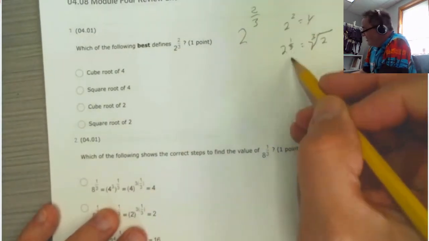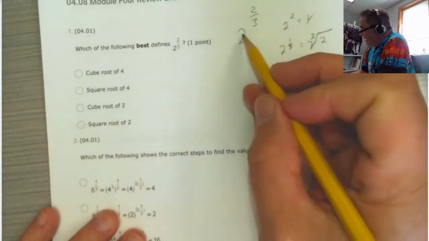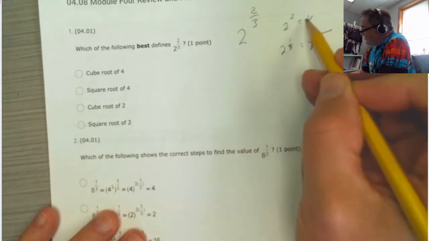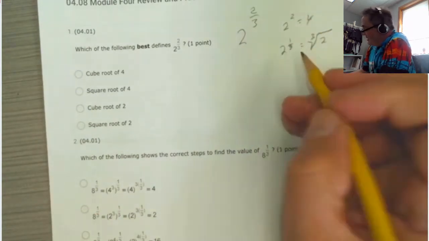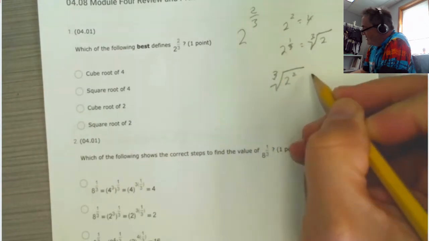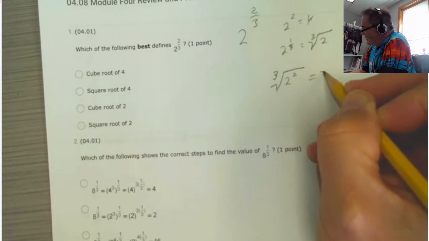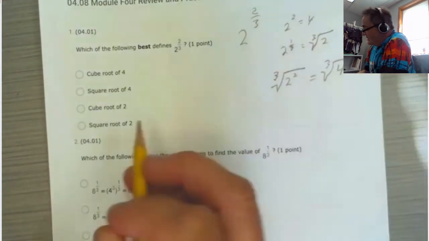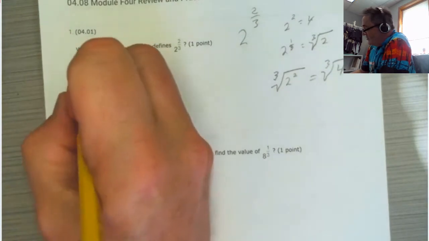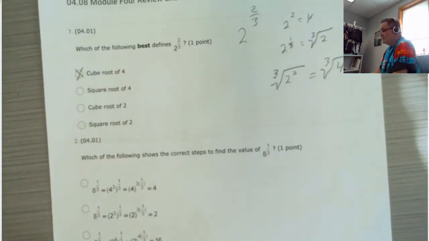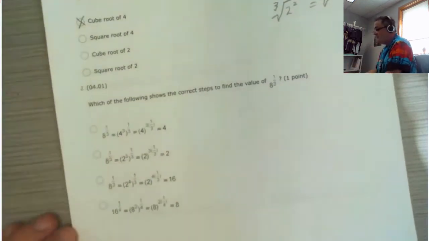So since this has both, the bottom one tells it's a cube root. The top of the fraction tells us that we square it. So this would be the cube root of 2 squared, which is the same thing as the cube root of 4, because 2 squared is 4. So the cube root of 4, right there's our choice. First choice on our practice test there.